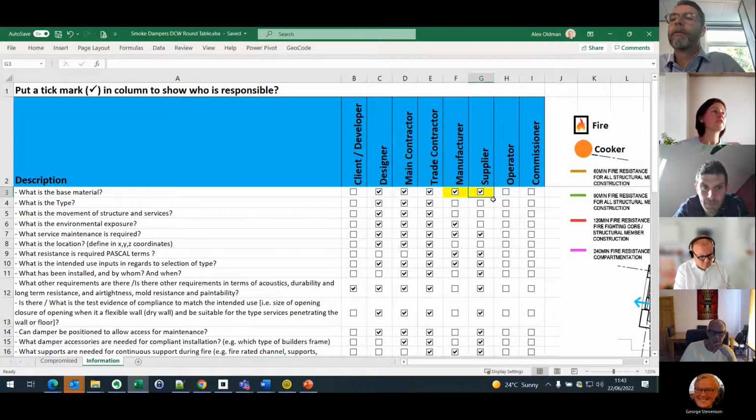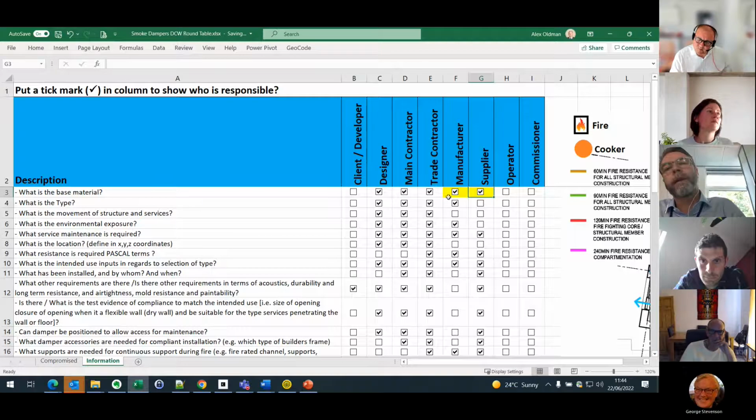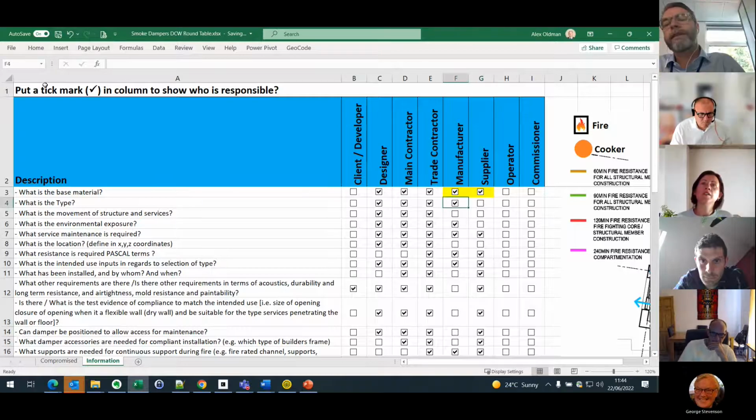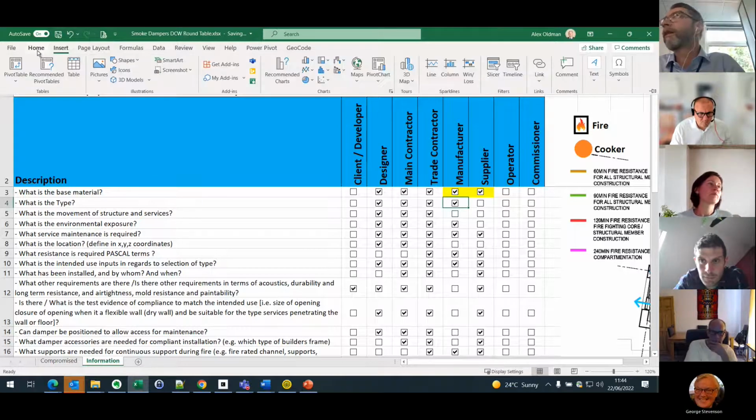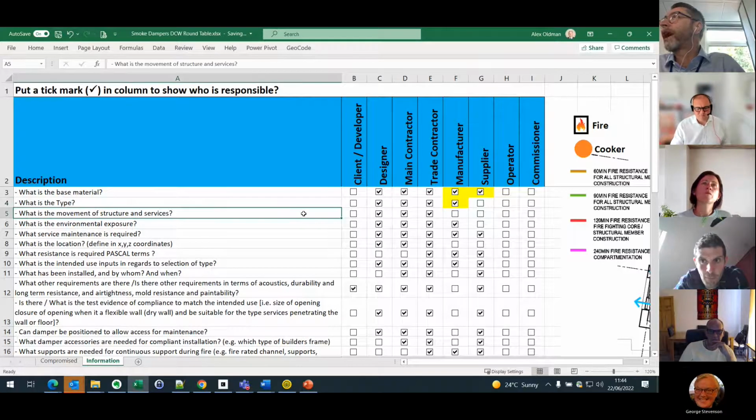So when we have the second question, what is the type? Going by the first answer, they are quite related with each other. The manufacturer would include more information, material types, and all the technical side. In terms of the type, though, is it the type that's been specified or the type of the actual iteration?